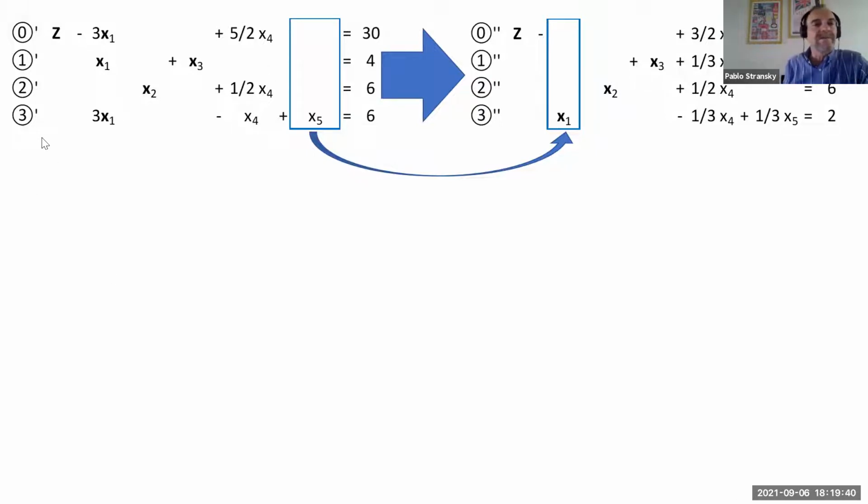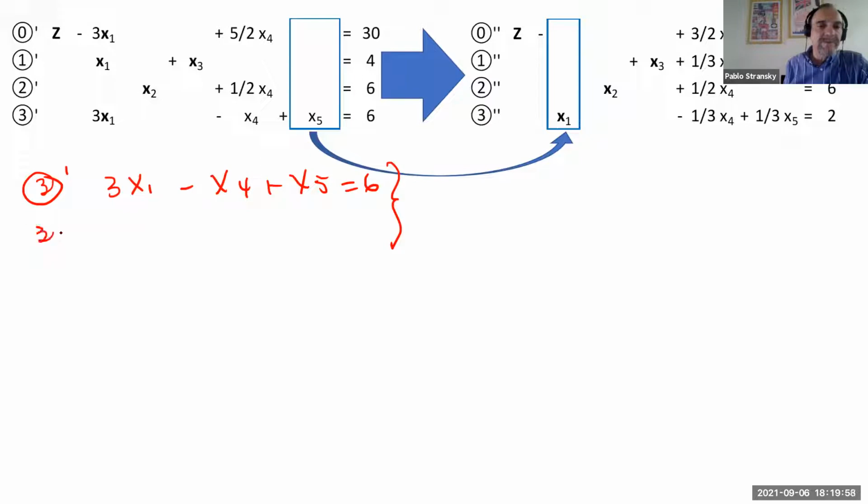So we have equation 3 apostrophe: 3x1 minus x4 plus x5 equals 6. If you remember, what I told you before is that we can only multiply or divide. So if we want this 3 to become 1, we're going to divide everything.